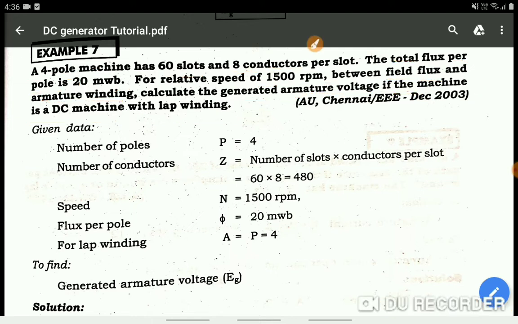Well, try to collect the information. P equal to 4, number of slots is equal to 60, same as in the previous problem.